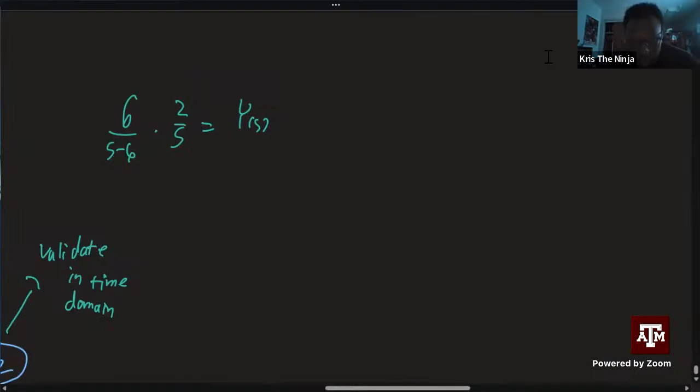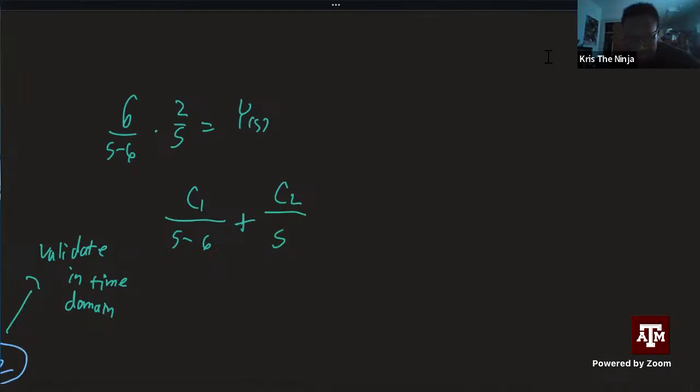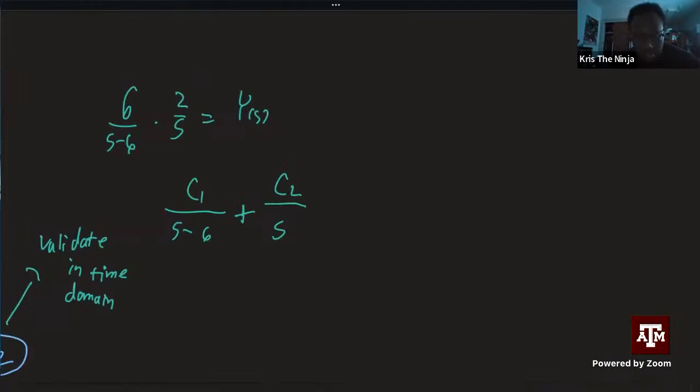So we've got C1 over S minus 6, not S minus 2, plus C2 over S. I think I did this with the mirror method.